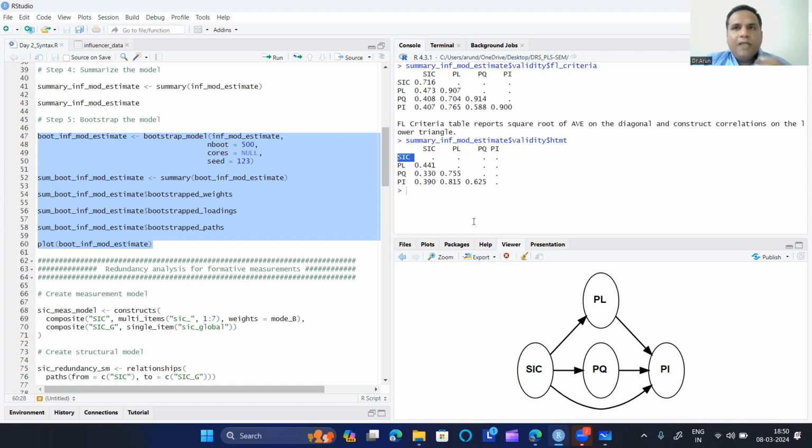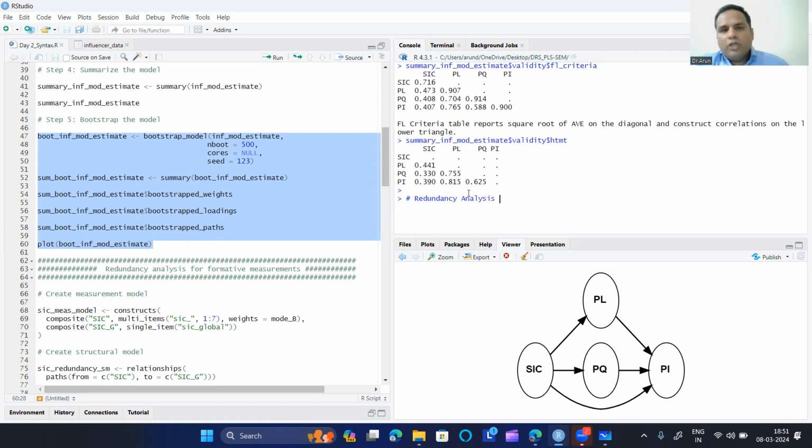Please remember, SIC is measured formatively. So for a formatively measured construct, we don't see reliability, we don't see AVE. For a formatively measured construct, the convergent validity is established through a technique known as redundancy analysis.